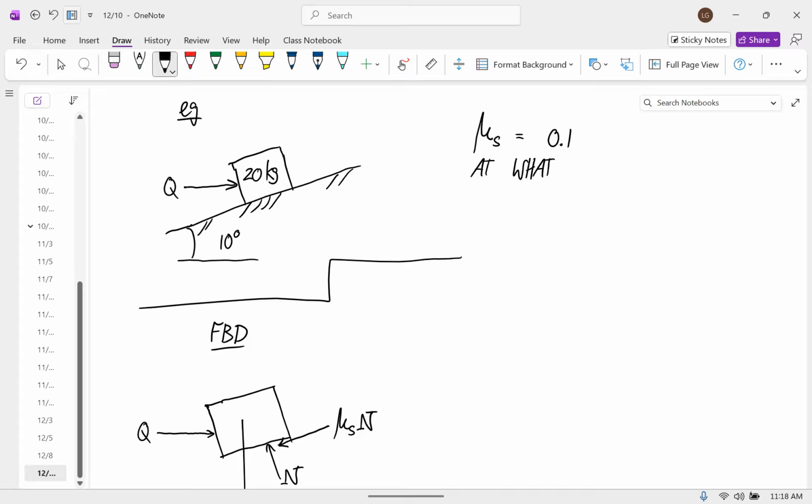It's horizontal, yeah. So at what value of Q will this start to slide up the incline? It's from rest, right? Yeah.